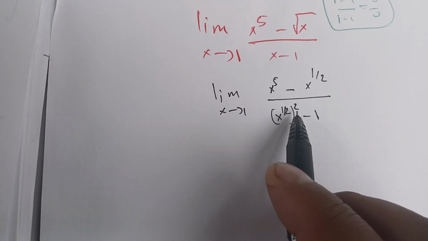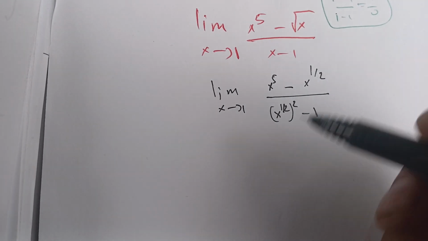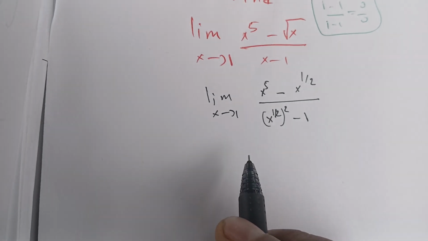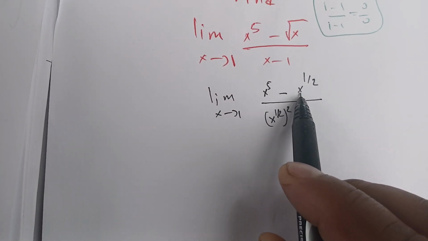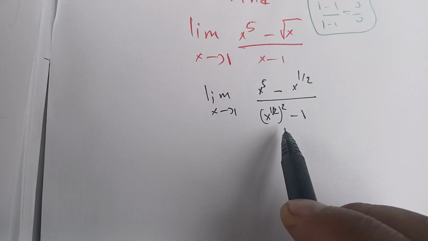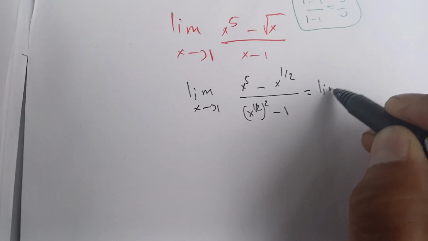We did nothing here, we just divided by 1/2 and multiplied by 2, so it's still 1. Now we can see that we can do some factorization.